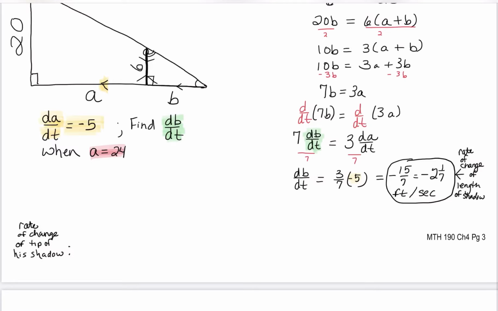So the length of his shadow was changing at a constant rate. Sub in A equals 24, sub in A equals 10, it was always the same rate of change of the length of his shadow.